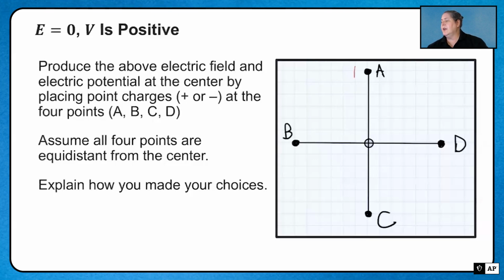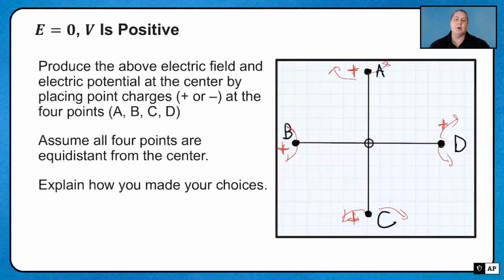And if we do that at these locations, and the electric field is emanating out from these charges, then we're going to end up with 0 electric field at the center. So this would be the configuration if we want the electric field 0 and the potential to be positive. They just all have to be positive.